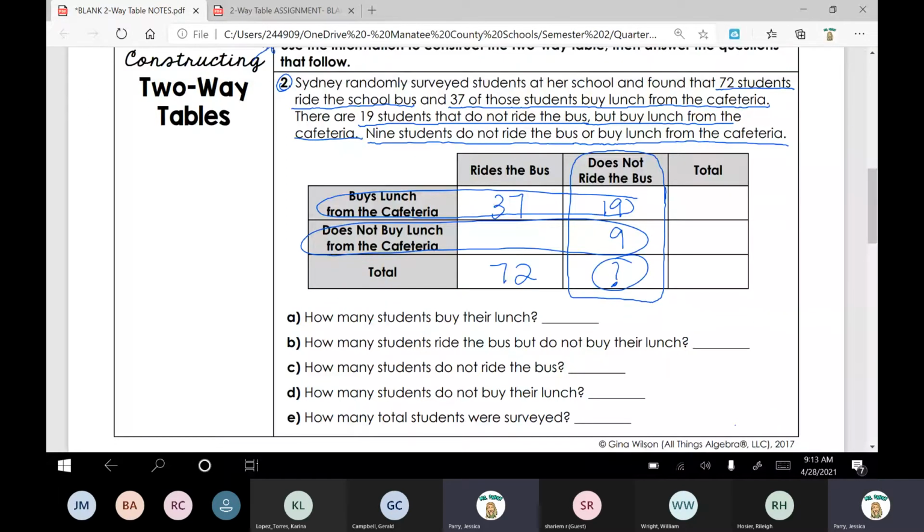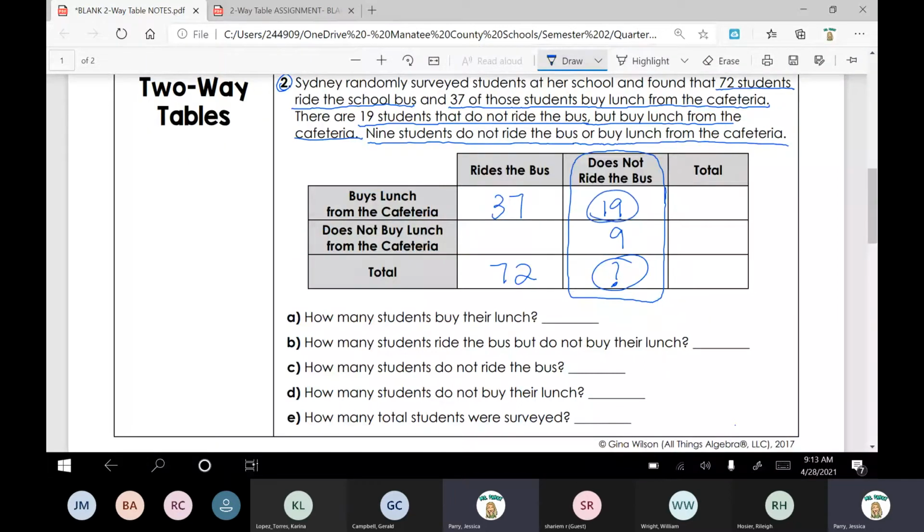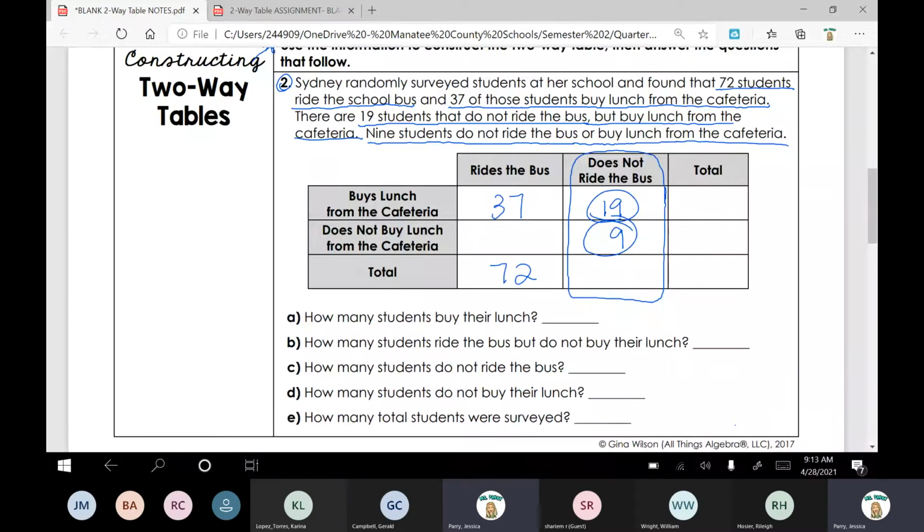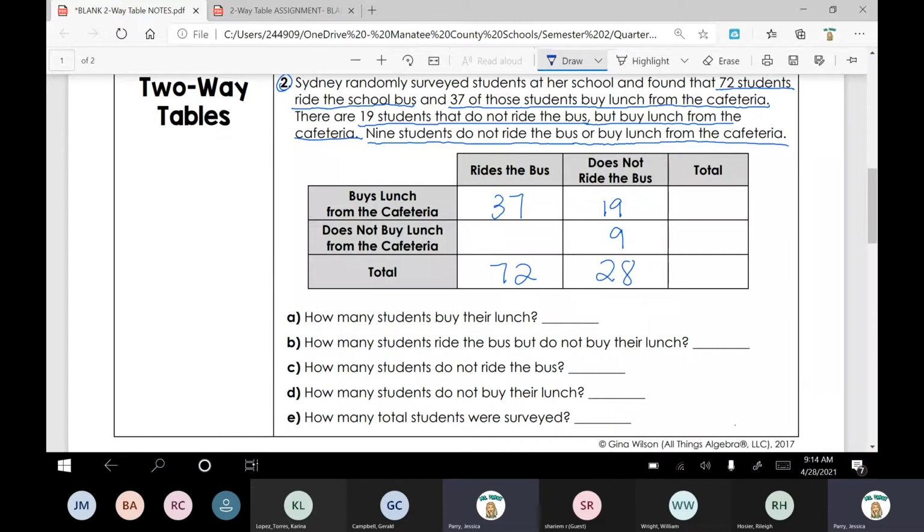How could I figure that out? Well, just like we did from the very first one where we had to figure out our totals, all we do is add your numbers here, 19 plus 9, and then we get our 28. Perfect. Good job. I see those answers in there. Okay, so we've got that total.